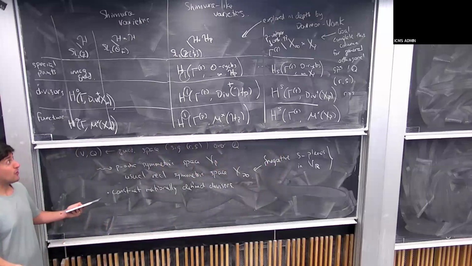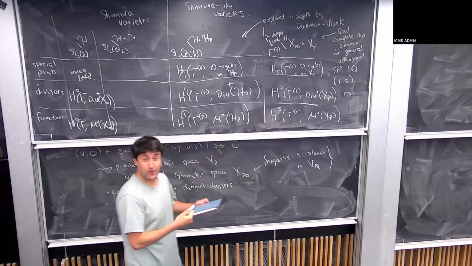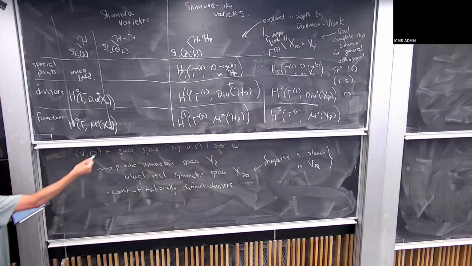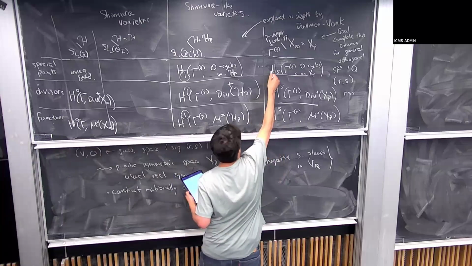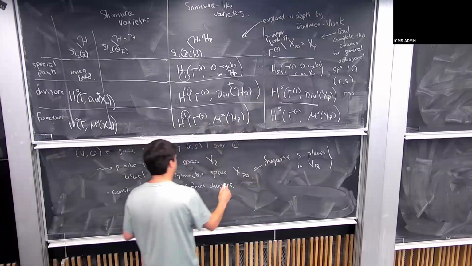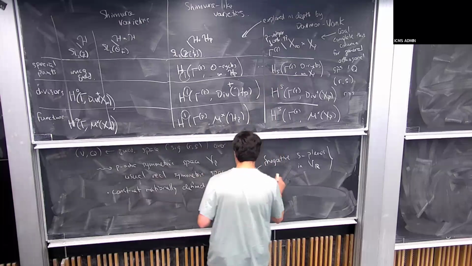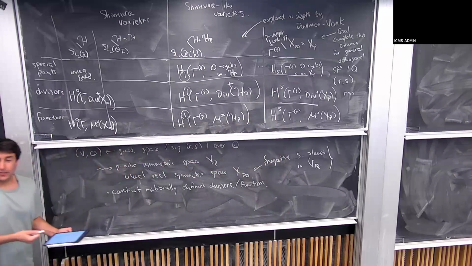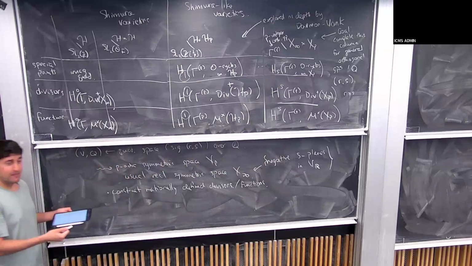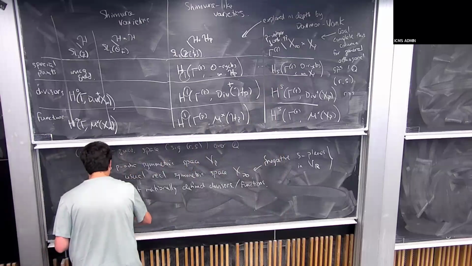Thus giving you a hope of defining a value of the corresponding function at a given special point. So you want to construct rationally defined divisors and functions. The divisor part is not so bad, and I can explain. The function part is much deeper. And then we want to evaluate.